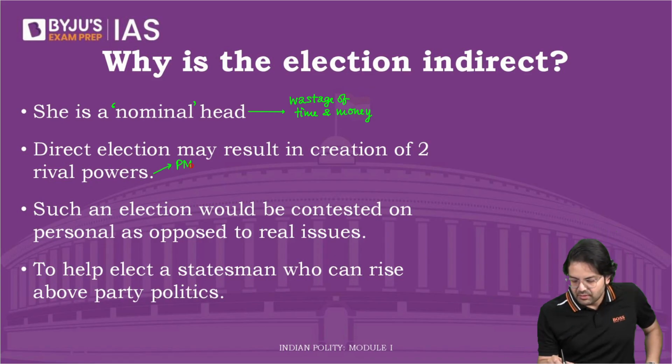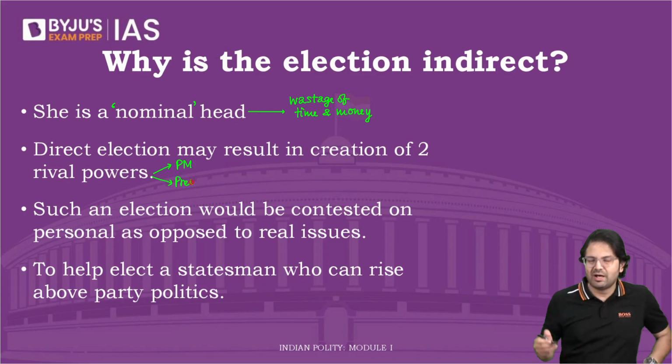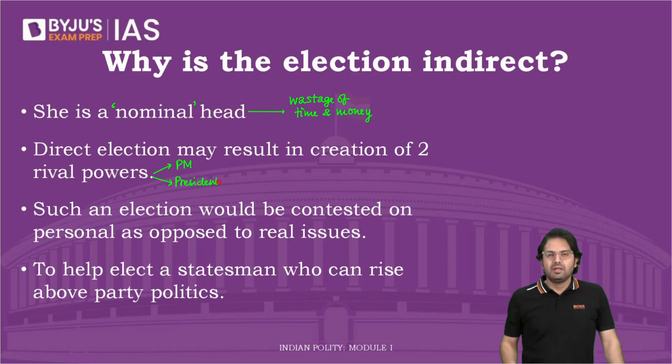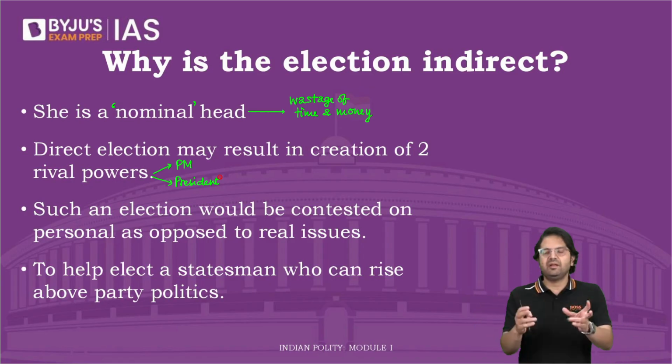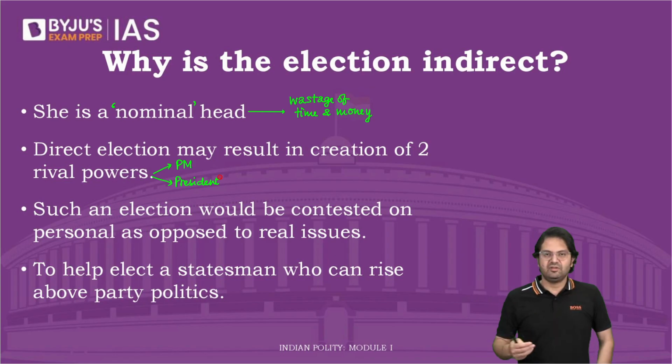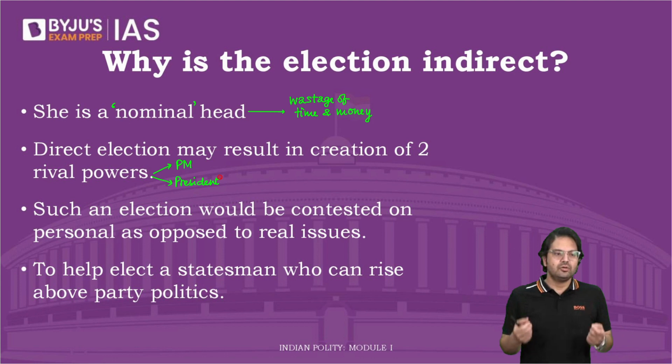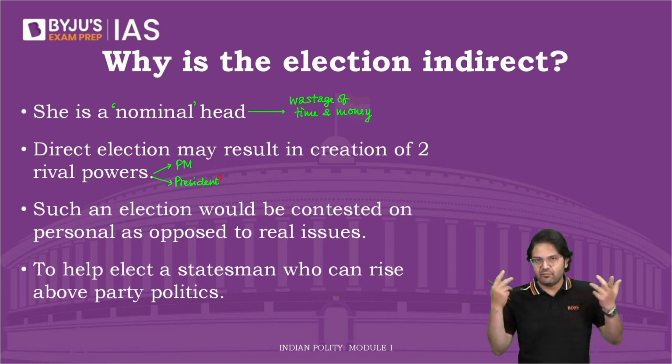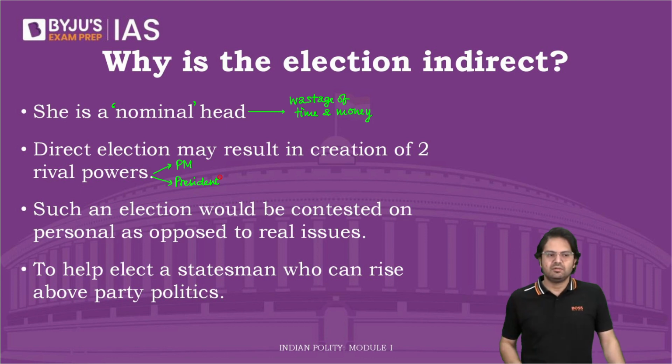Now comes the president. President says, PM, you are an MP. I have been chosen by the entire country. I am the real boss. Now they are fighting. Uselessly we will create two rival powers in the form of PM and the president. Because in democracy, if people vote for you, you can claim legitimacy that, see, people have voted for me. They have chosen me, the real boss in democracy. So to avoid that, indirect elections.